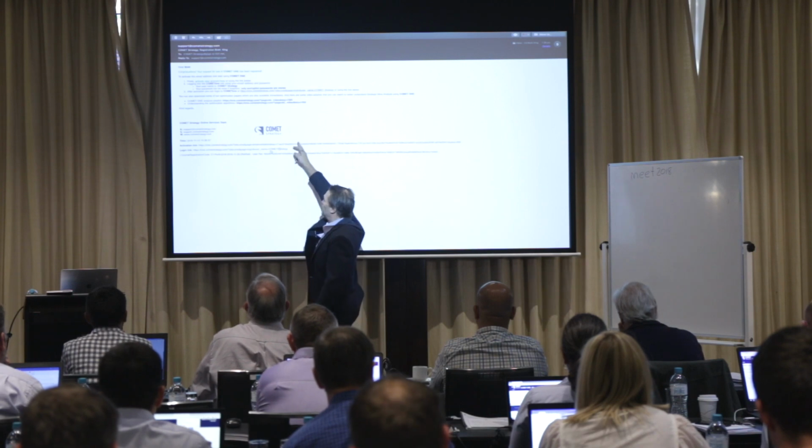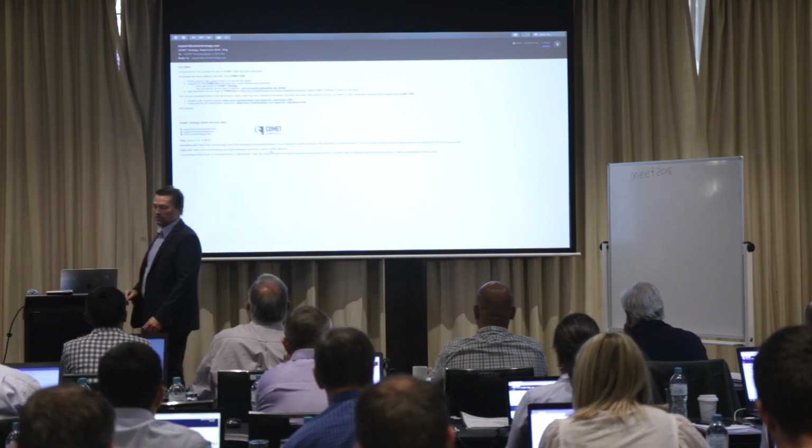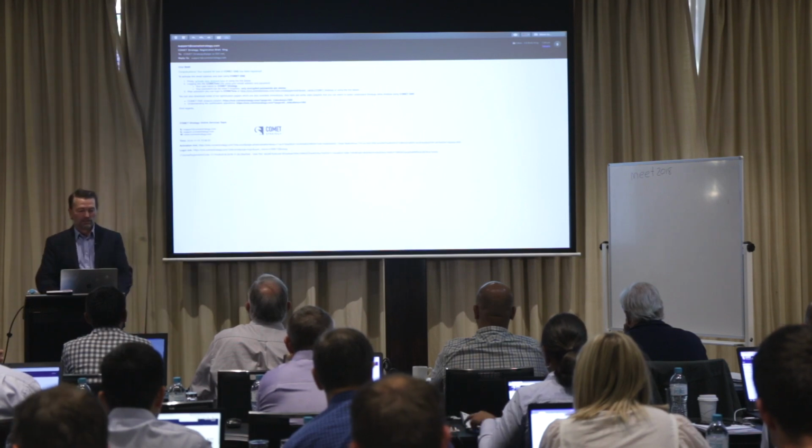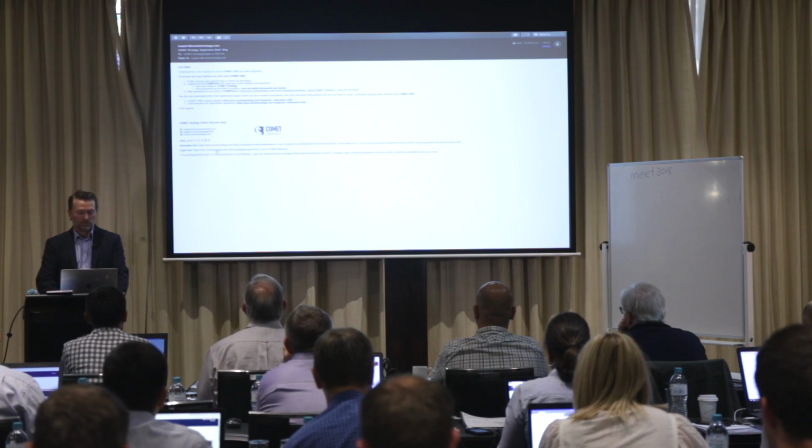To activate the account, that's the button. Towards the bottom you have a couple of links: one is for the activation, the second one is to log in. Once you've activated your account, you can click this link to log in.